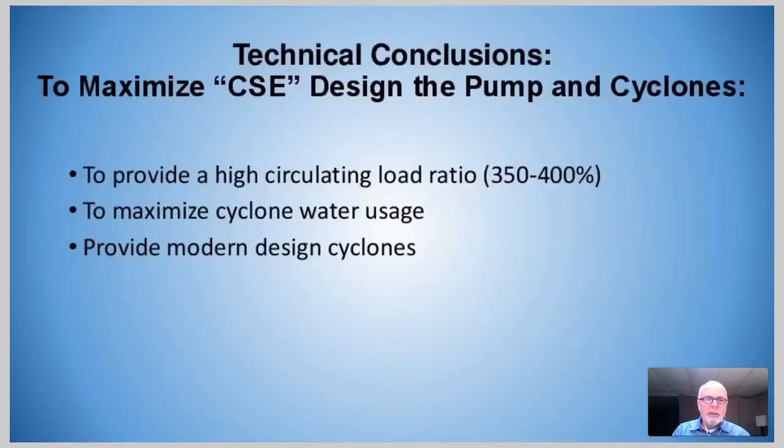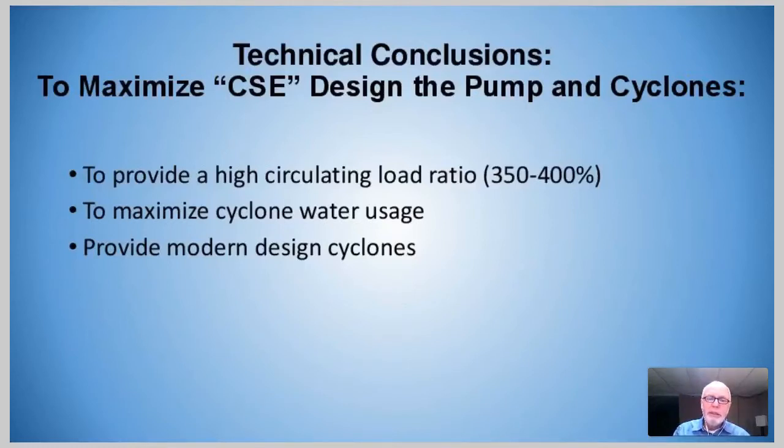So to summarize, in order to maximize the CSE in our grinding circuit, to make maximum use of the available power, we want to design the setup of the pumps and cyclones, first of all, to provide a high circulating load ratio. What we mean by high is normally in the range of 350 to 400%. Secondly, we want to maximize cyclone water usage.